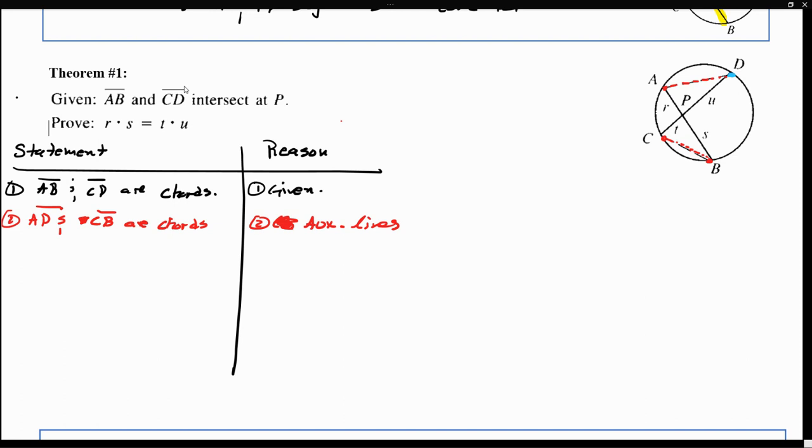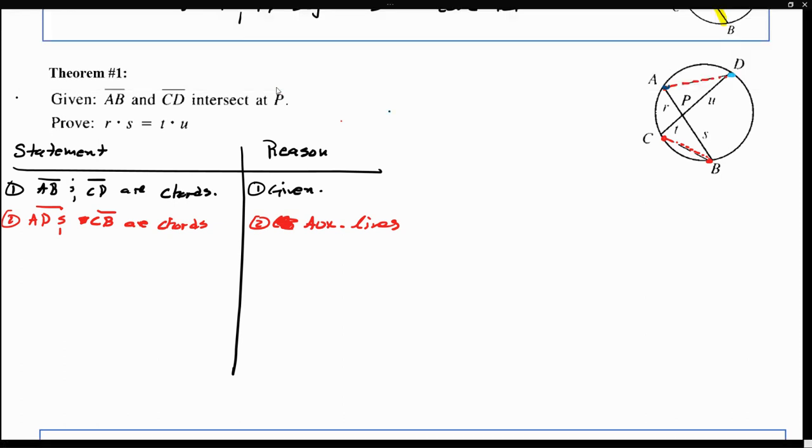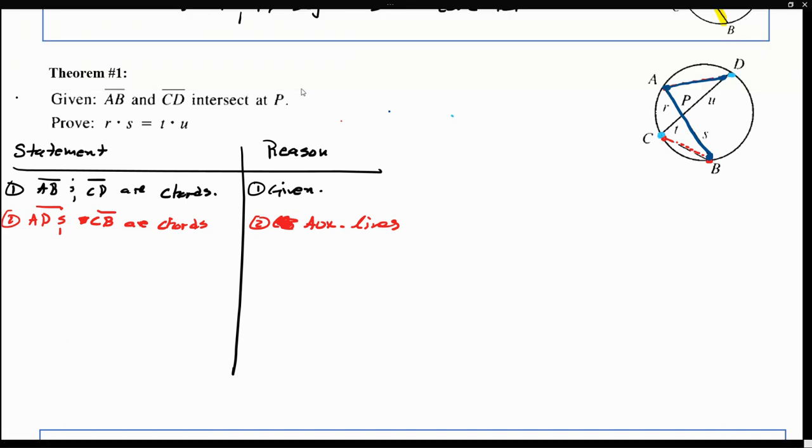If I want to think about those two triangles, notice that there's a relationship between some angles within those triangles. Because if I take a look at this inscribed angle, let's call it A, notice that that inscribed angle has the same starting and ending point as the second inscribed angle. They both intersect the arc DB.